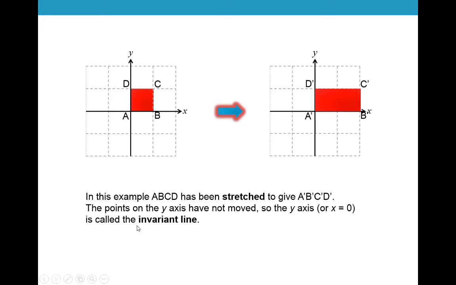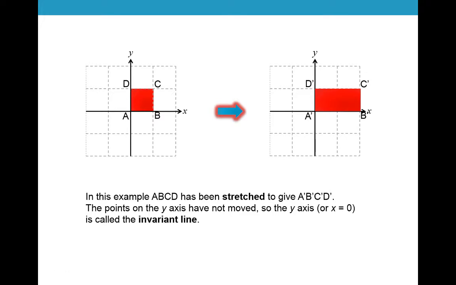Yeah, anywhere on the line. So to me, they haven't called that correctly, because it is going to stay on the line. D dash and A dash, they move along the y-axis. The y-axis will still be an invariant line, as long as you're on that line. You have to be on the line to be an invariant line.